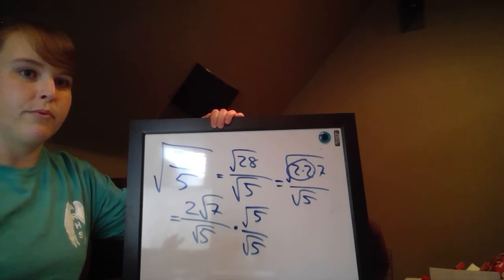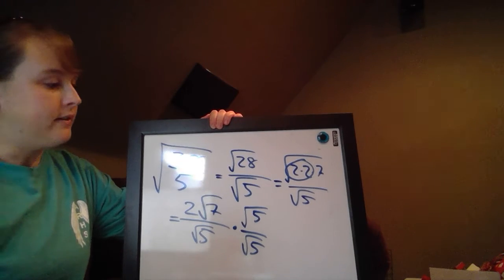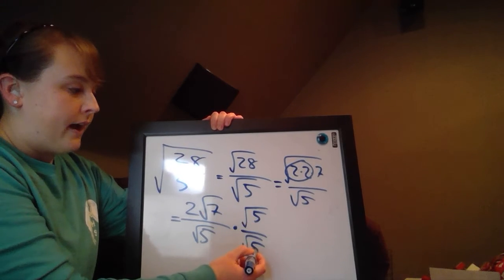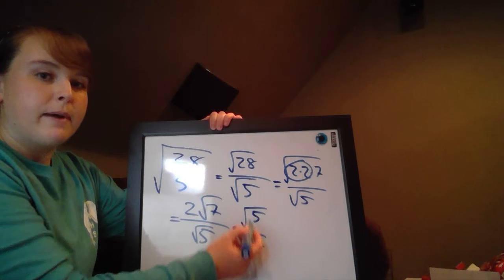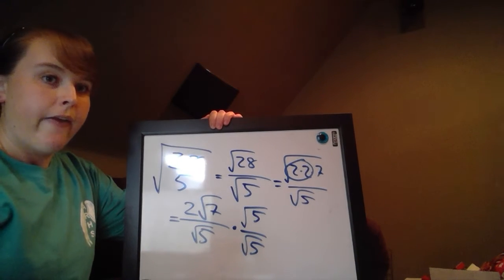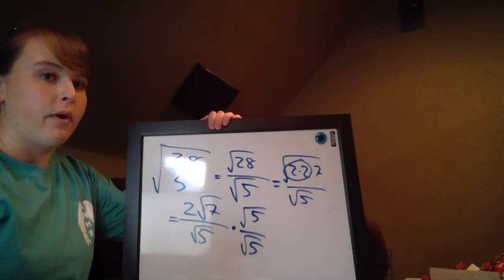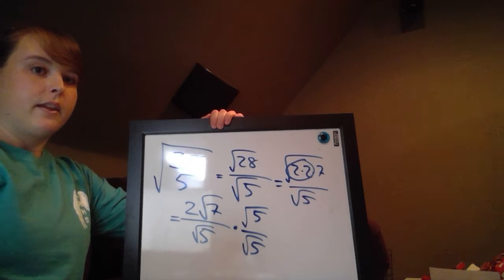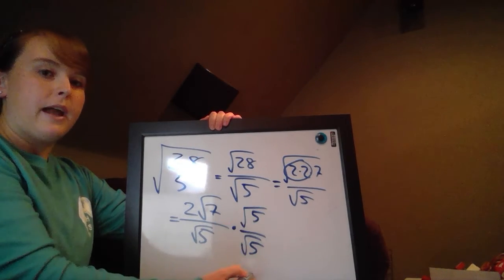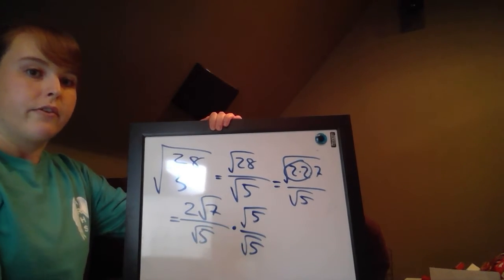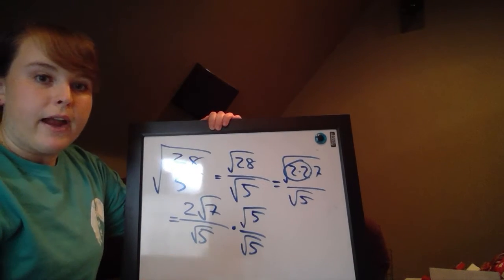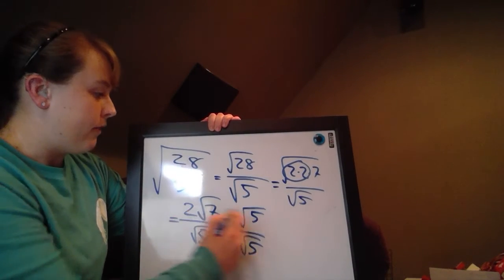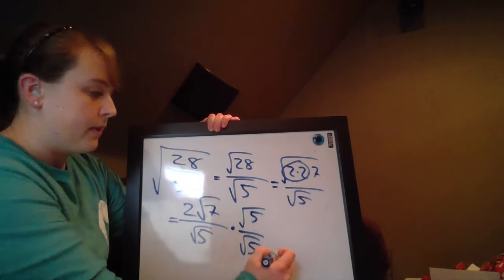Is that against the math rules? It's allowed because root 5 over root 5, well, what's anything divided by itself? 1, right? And I can multiply things by 1 if I want to and not change their value. So we're all good to multiply by something over itself. When I multiply fractions, you've got to remember to multiply across the top and then multiply across the bottom.